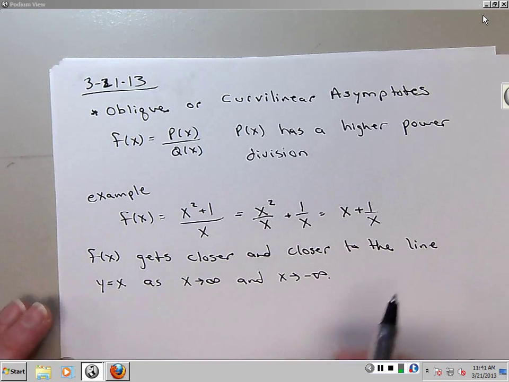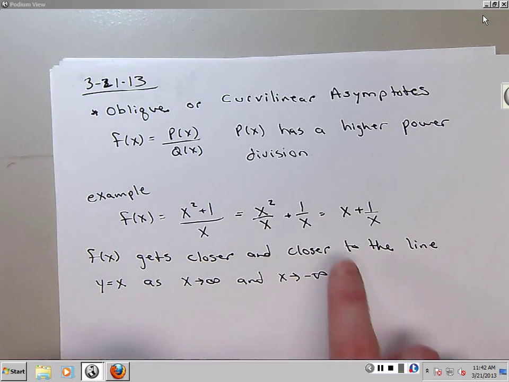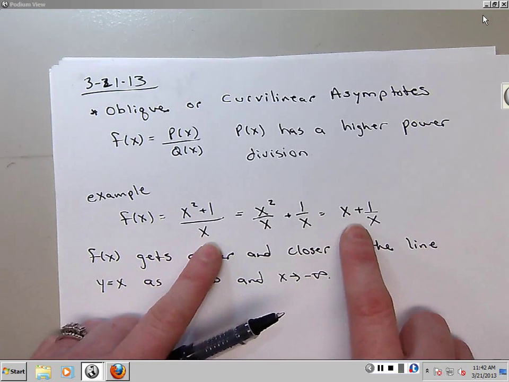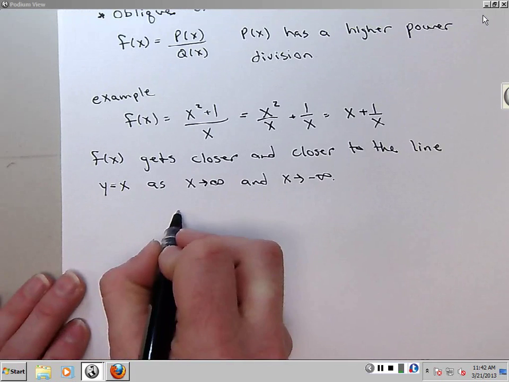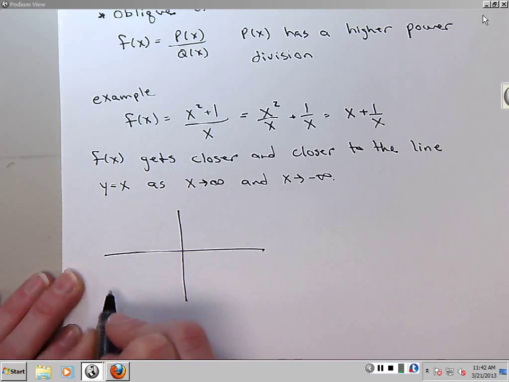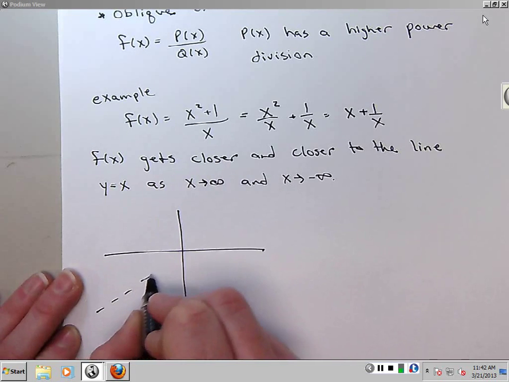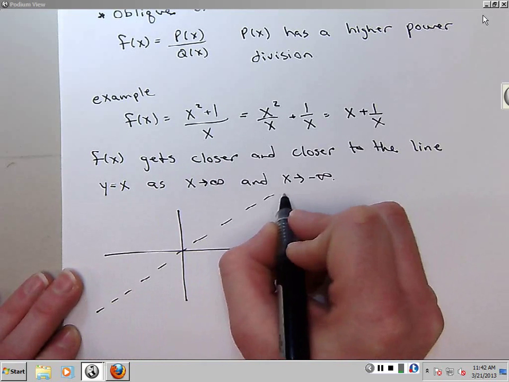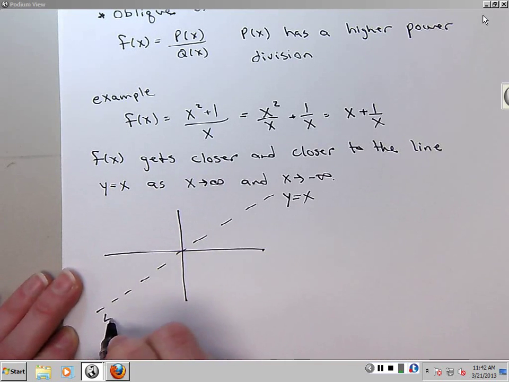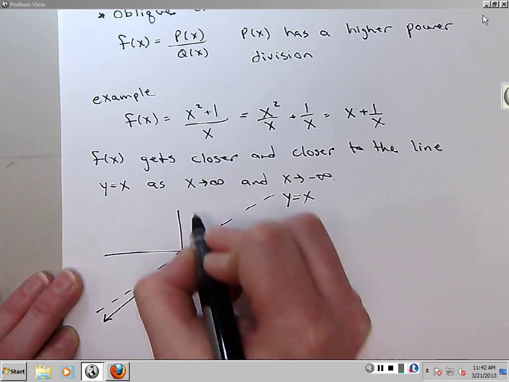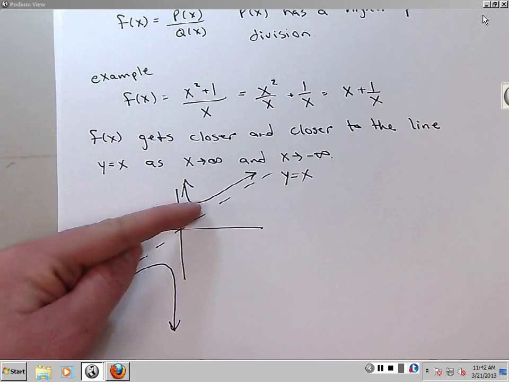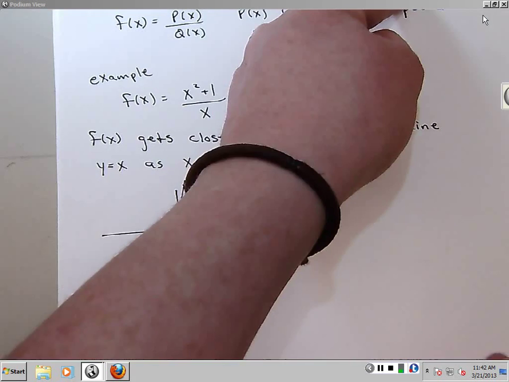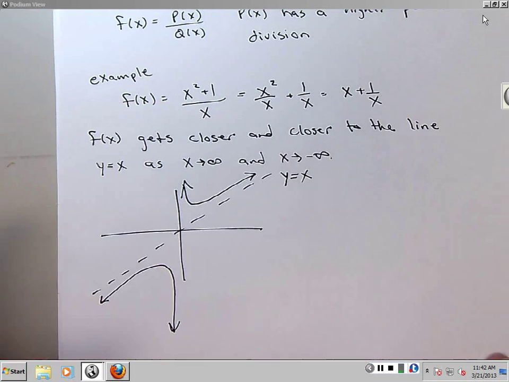If I take the limit, they're going to go to infinity or minus infinity. These are the same function, just a different way to write it. If I was to graph this, then I have this oblique asymptote at the line y equals x. So I have something that looks like this. This function is going off to infinity, but it's getting closer and closer to this line.